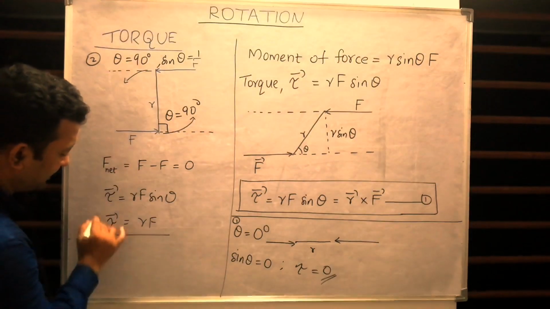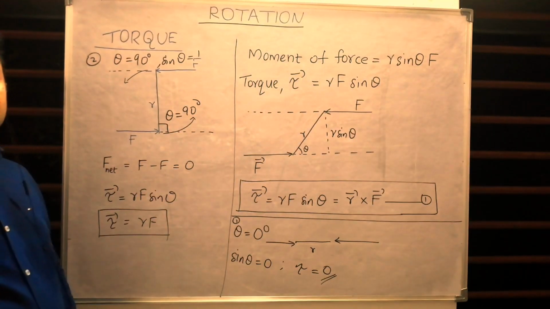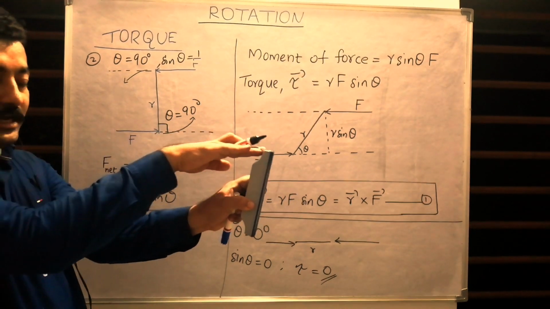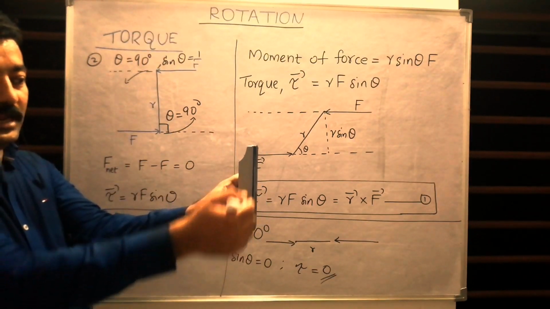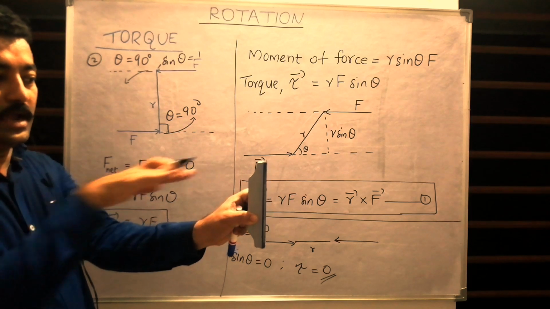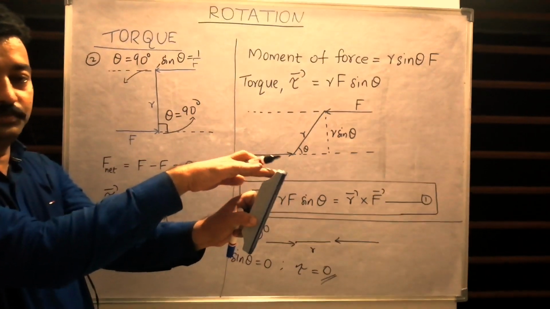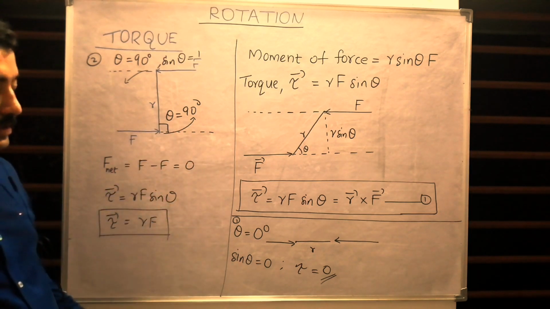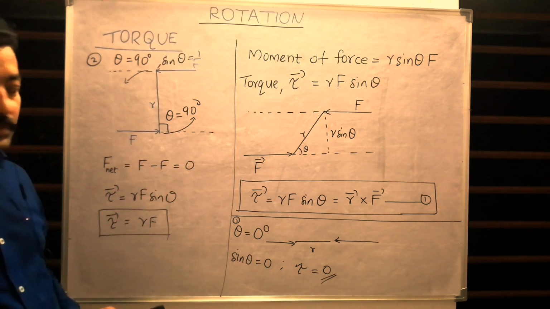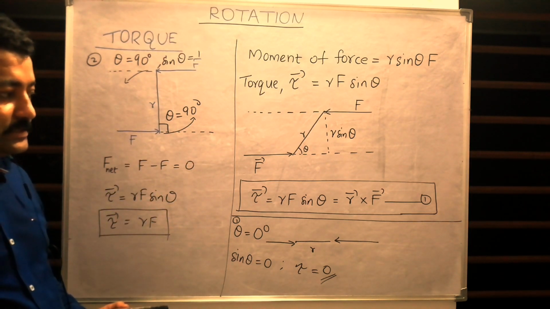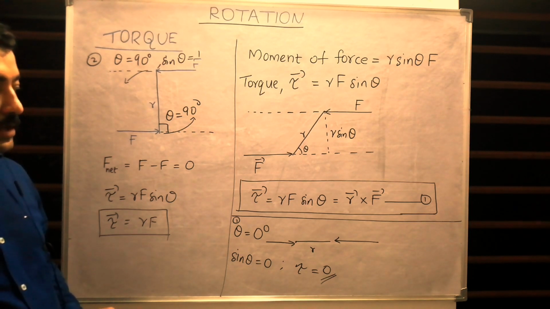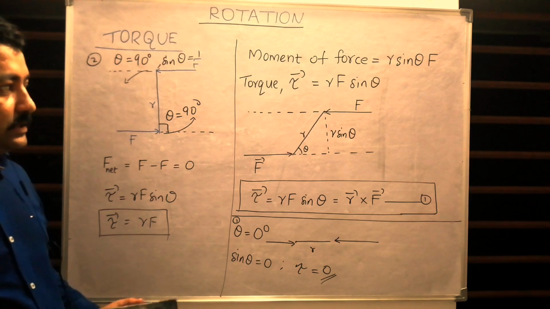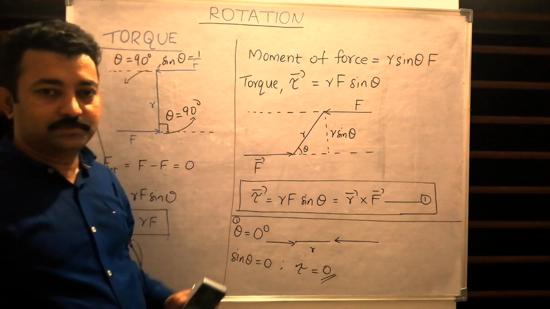So the torque is maximum when the body is placed like this, and a force is acting on it. That means the length of the object is like this, and this is the action of the force. So you can see the different cases in which we have got the value of the torque. Torque is defined as r cross F, or rF sine theta. This is easy to understand for this case.